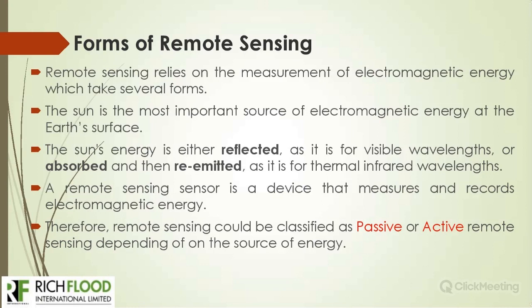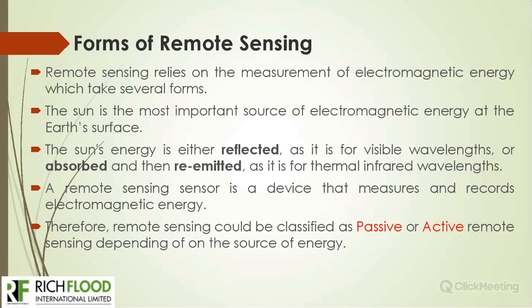So considering all of this about the sensor, a remote sensing system could be classified as either passive remote sensing or active remote sensing, depending on the source of energy that the sensors use or receive radiation from.